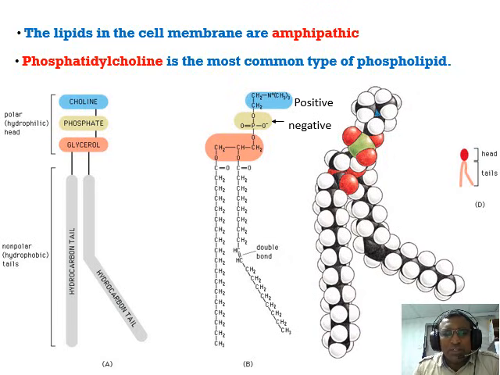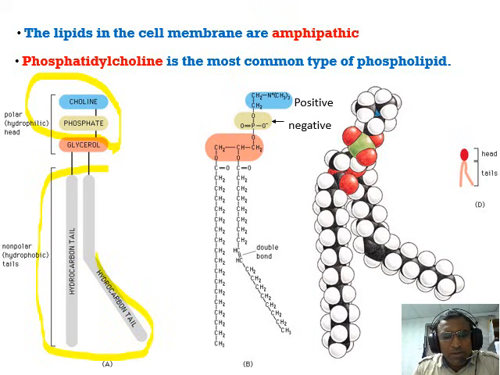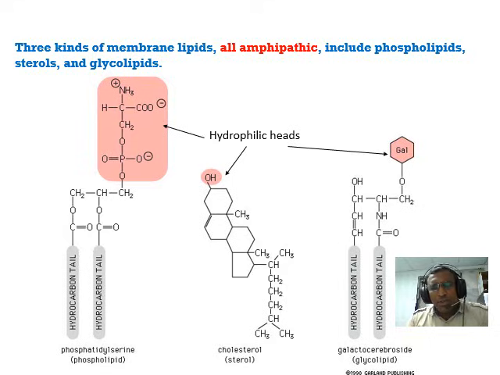The amphipathic structure is basically having the charged group, or they call it the head, and then you have the tail, the tail being one that does not like water, while the head, because it has charges or it has a lot of OH groups, then it likes water. So head and tail.